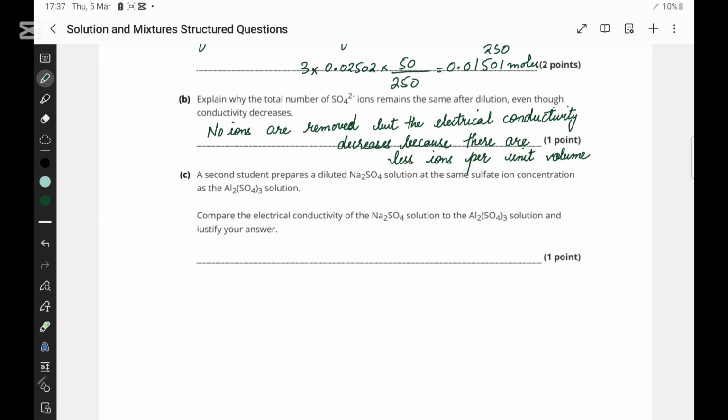They are saying a second student prepares a diluted Na2SO4 solution at the same sulfate ion concentration as the aluminium sulfate solution. Compare the electrical conductivity of sodium sulfate solution to aluminium sulfate solution. So we can see that sodium sulfate solution has higher electrical conductivity. What is the reason?